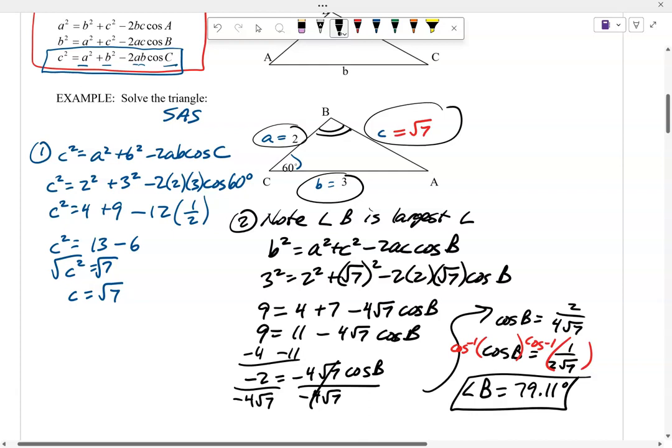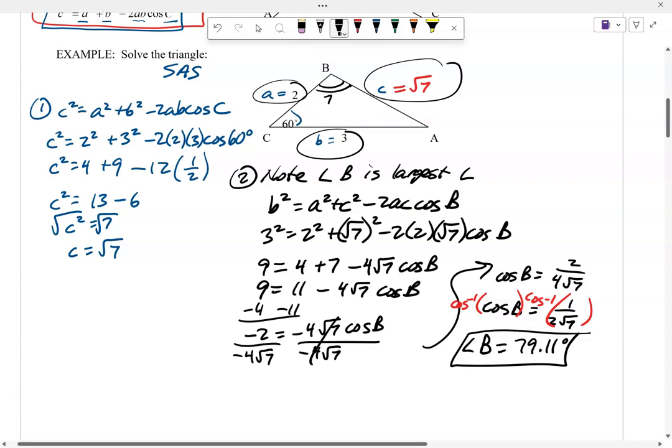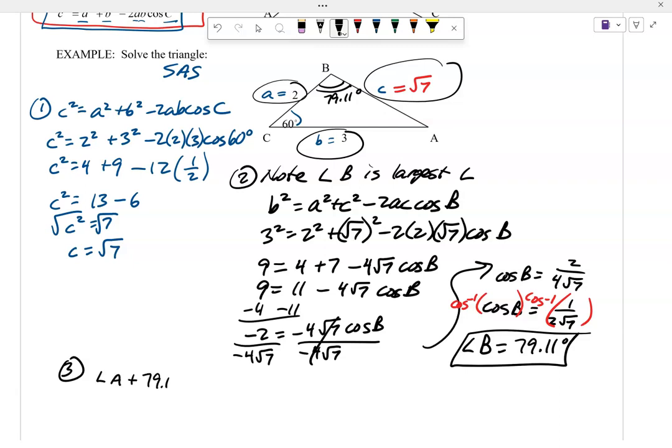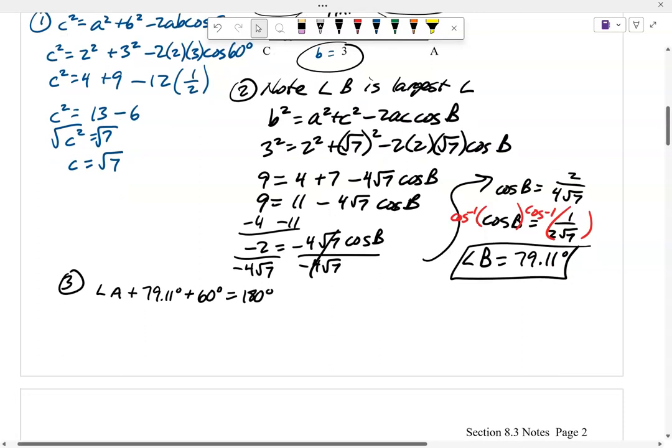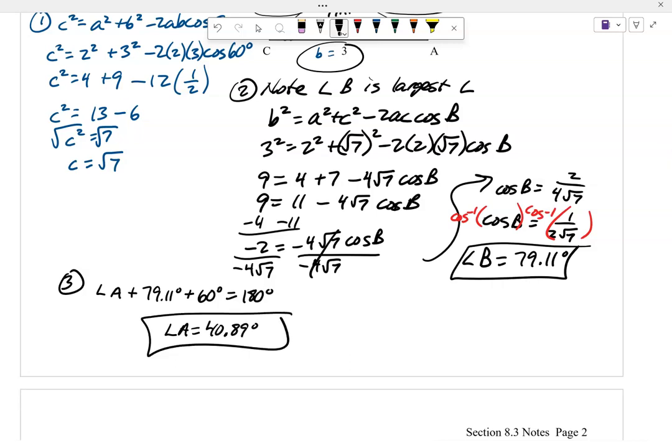Again, make sure your calculator's in degrees when you do that. So the third step is, I don't know angle A, but I do know angle B is 79.11, and I was given angle C is 60 degrees, and all three, of course, add up to 180 degrees. And so angle A ends up being 40.89 degrees, and now we've solved the entire triangle.